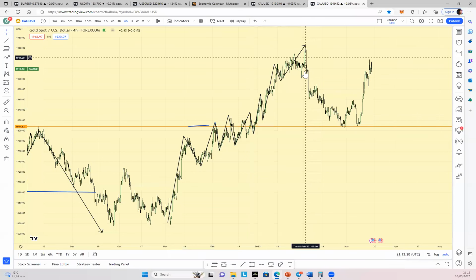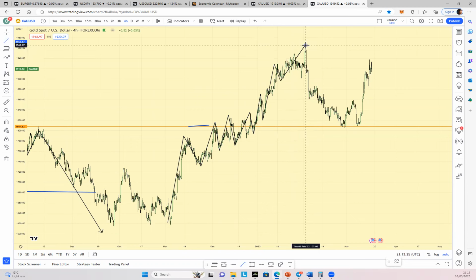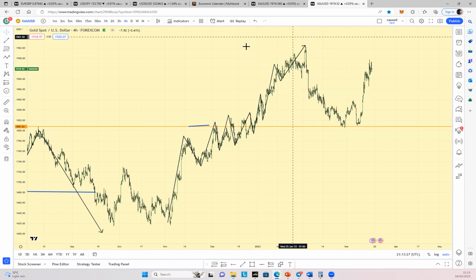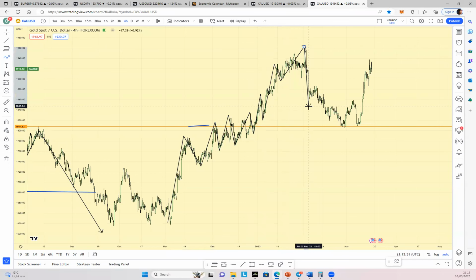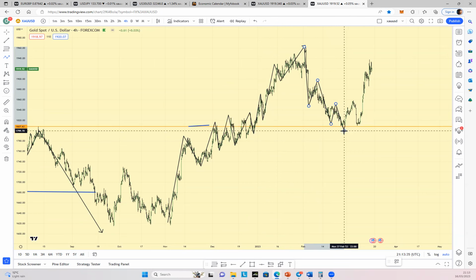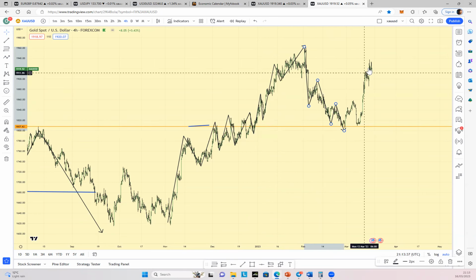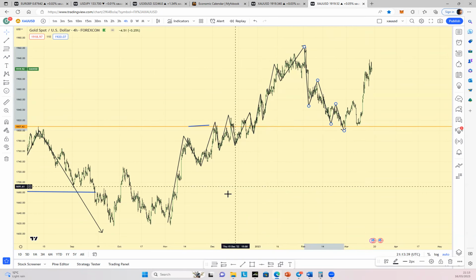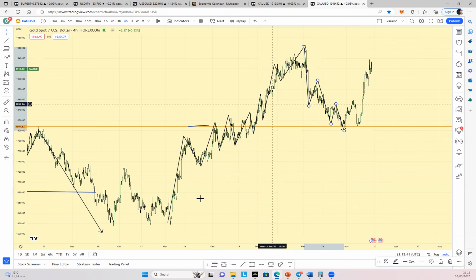And then you see price come down a bit, giving you some bearish momentum. And then price is going back up. But overall, when you look at this trend, you can see that price is bullish.